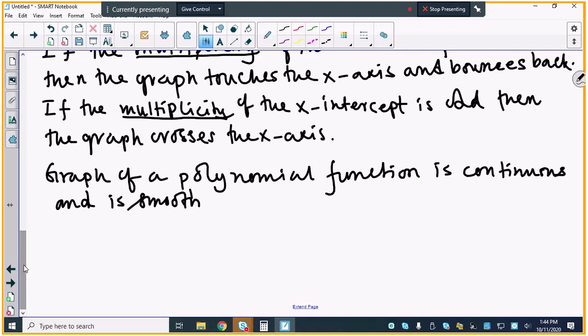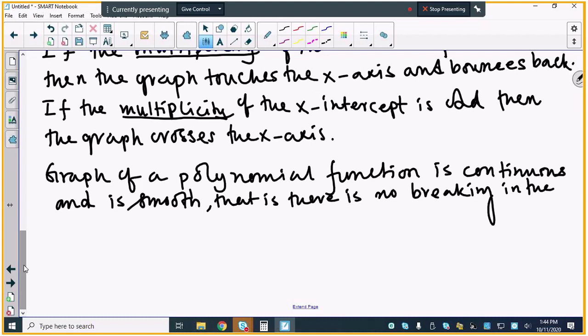So what do I mean by smooth? Continuity means there is no breaking in the graph, and smoothness says there is no sharp bending.